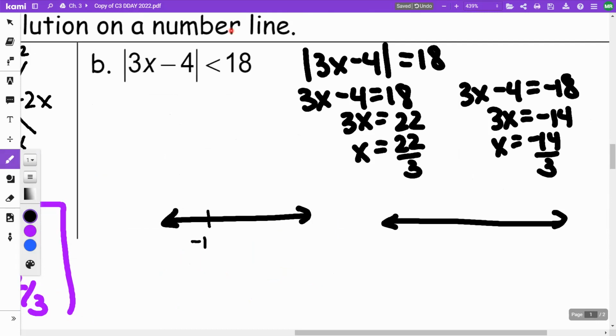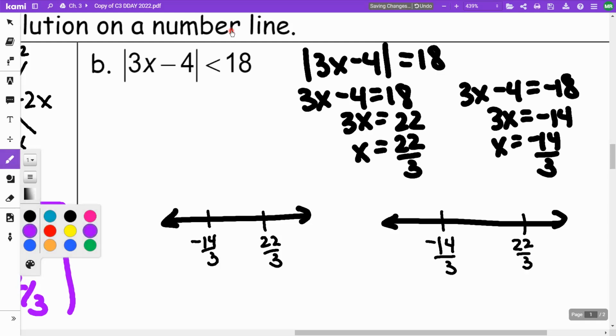And this is going to be 22 thirds. So negative 14 thirds and 22 thirds. Now, this is less than, not less than or equal to, so I'm going to have an open circle. That's not going to be included.